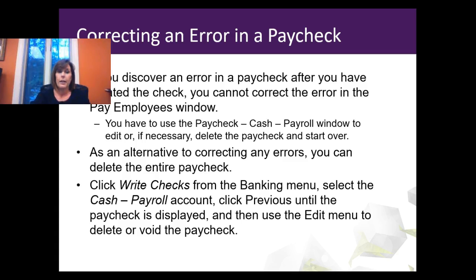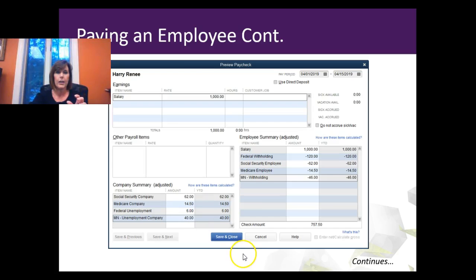If you create a mistake on your paycheck, there are a couple of options, and what you do depends on when you discover the mistake. If you find the mistake before you have created the check, then you can just go in and fix it in the employee's screen right here.